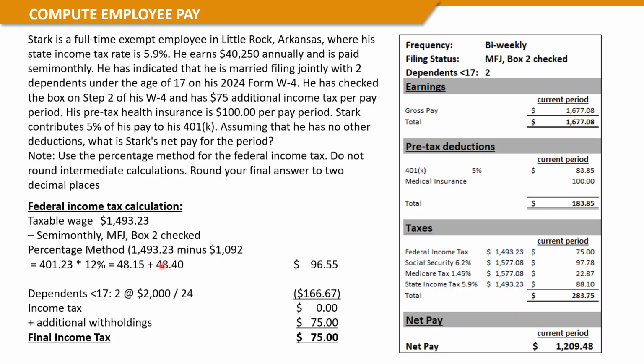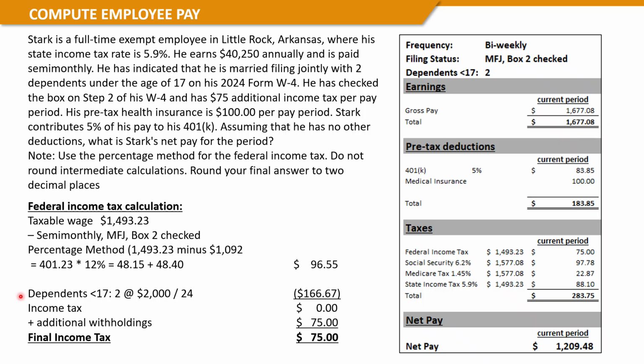The third row includes our taxable wage amount of $1,493.23, and we complete the calculation by subtracting $1,092 from the taxable wage for $401.23, and then multiply that amount by 12% for $48.15, to which we add the tentative amount of $48.40 from the table for a total of $96.55.